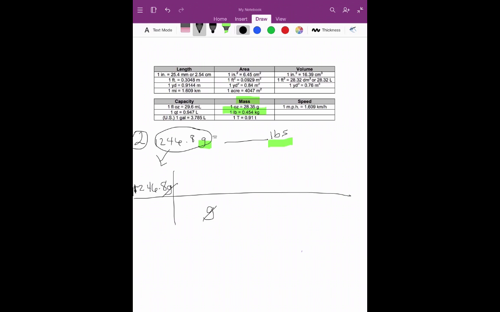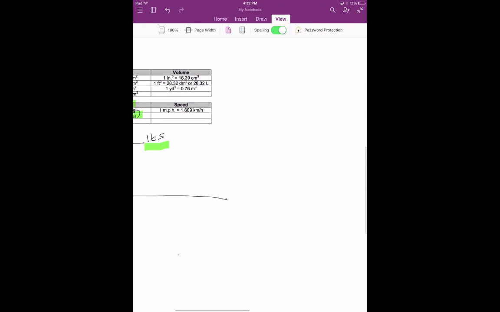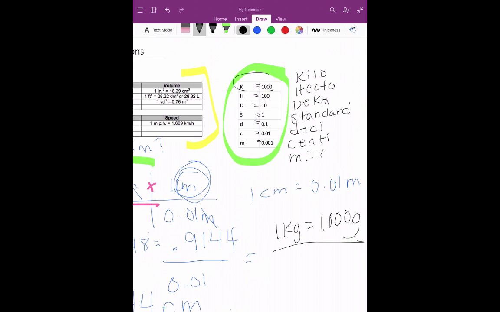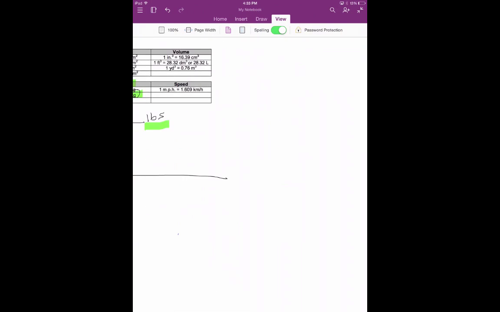However, our conversion factor is in kilograms, which means we need to convert between grams and kilograms. So we need to go back to our conversion factors. We know that 1 kilogram equals 1,000 grams. This will be the conversion factor that we're going to use in our problem.